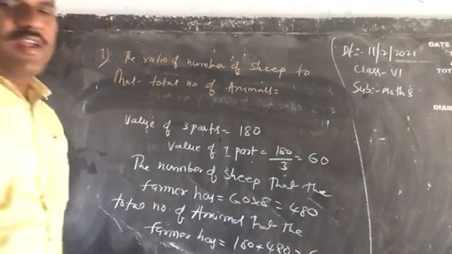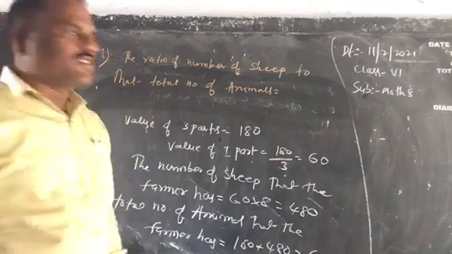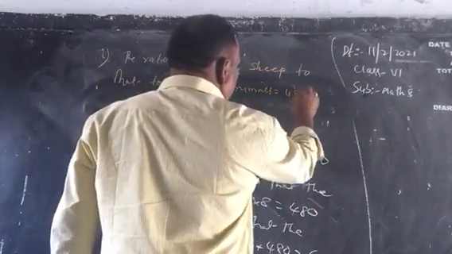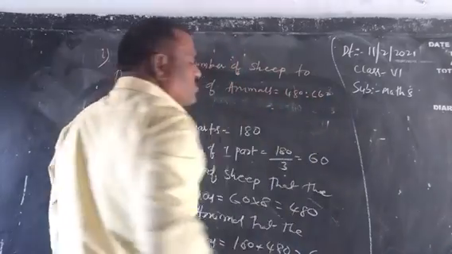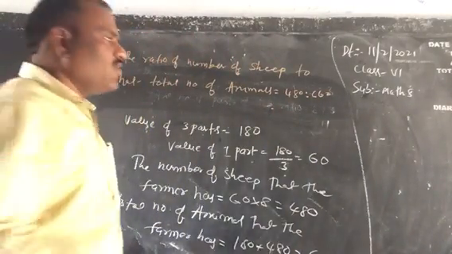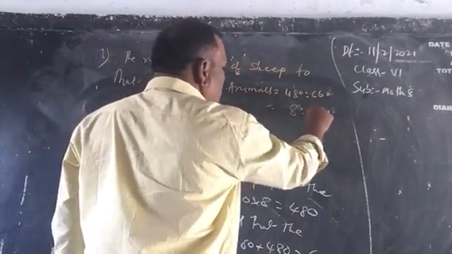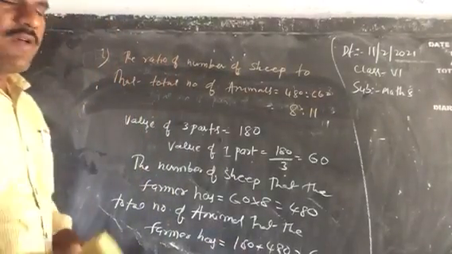How many sheep are there? 480 is to 660, children. So how much do you get as the ratio? 8 is to 11, children. 8 is to 11.